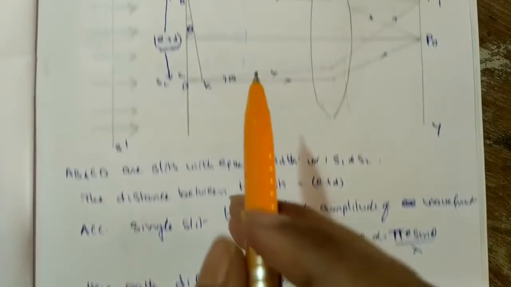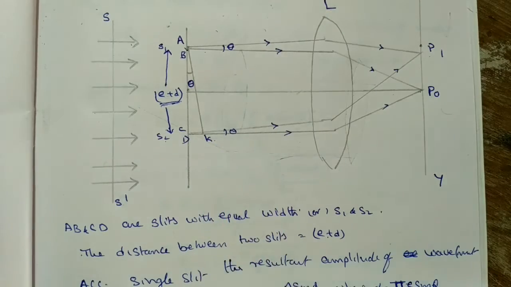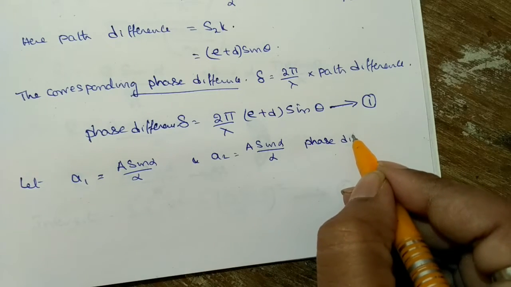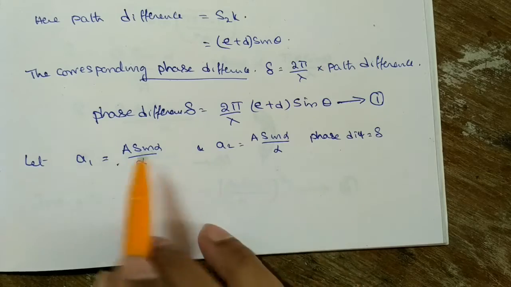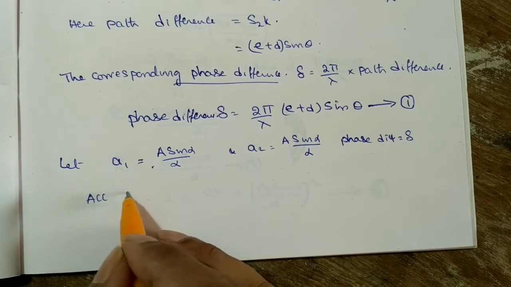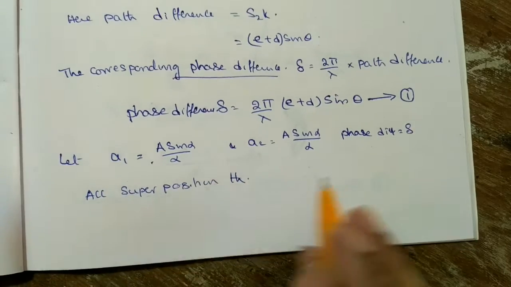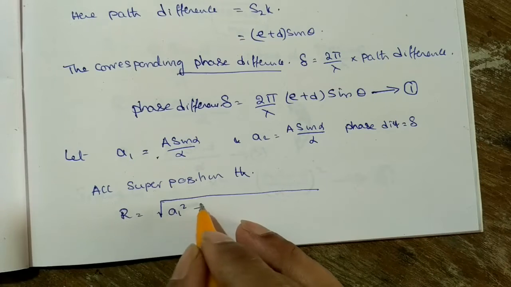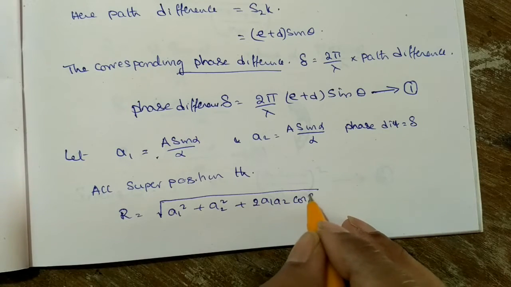That means one wavefront has amplitude a1, the other has amplitude a2, and the phase difference is delta. By the vector addition method, the superposition of these two wavefronts gives capital R is equal to root over a1 square plus a2 square plus 2 a1 a2 cos delta.